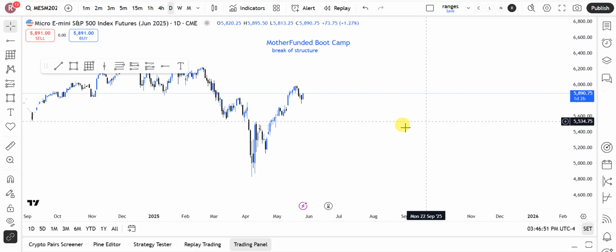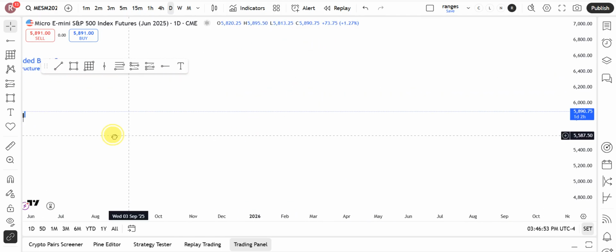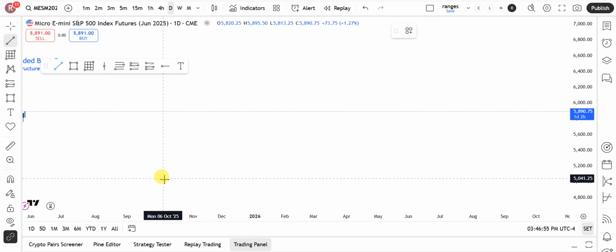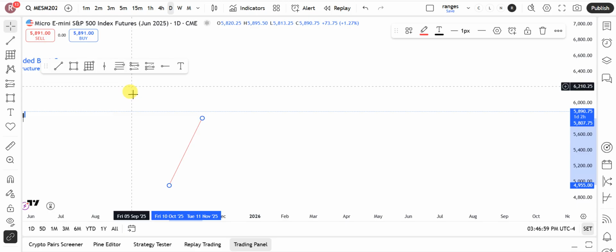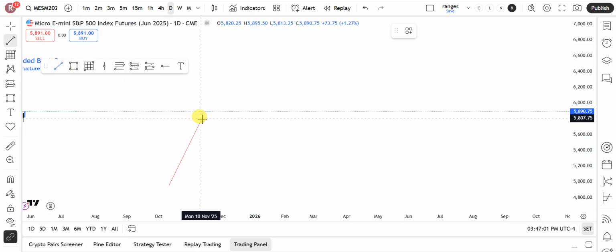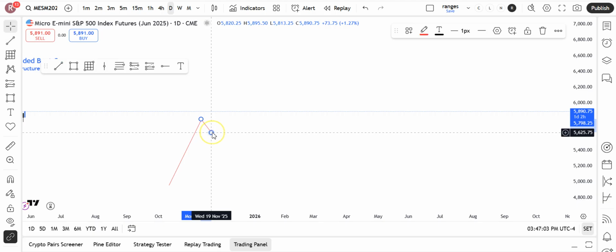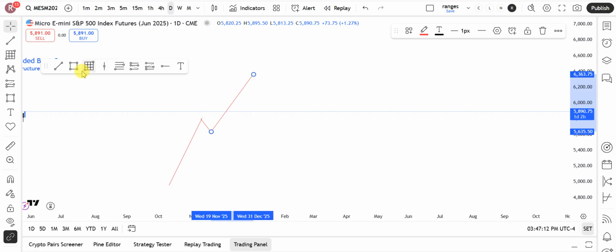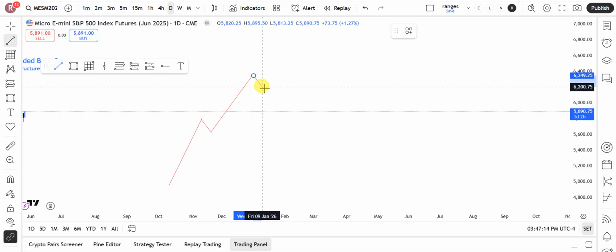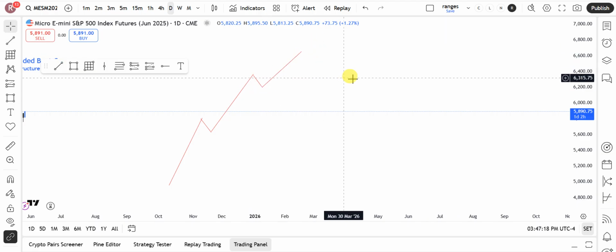To get a rough depiction of what I'm talking about, let's say we're in an uptrend. It's not the greatest, but it'll do for this situation.